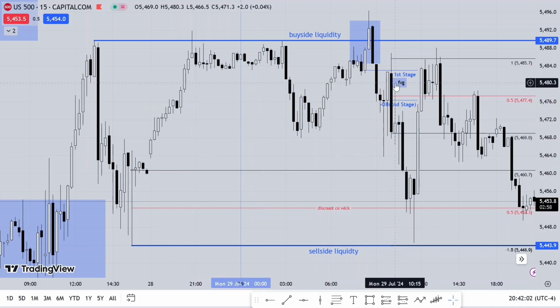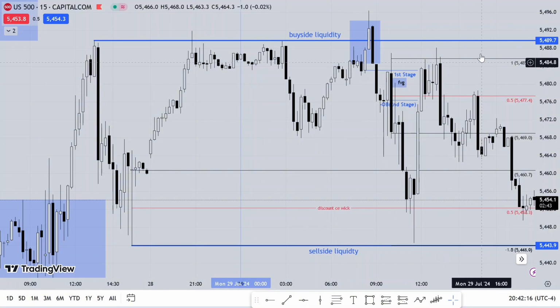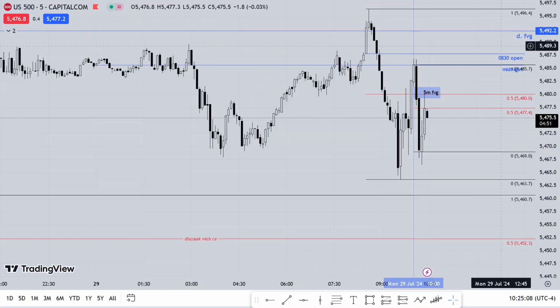The current market price was here. All PDRAs below a current market price is a discounted PDRA, and you want to scale off your positions from those discounted PDRAs. Okay, so this is an introduction to the market maker models.